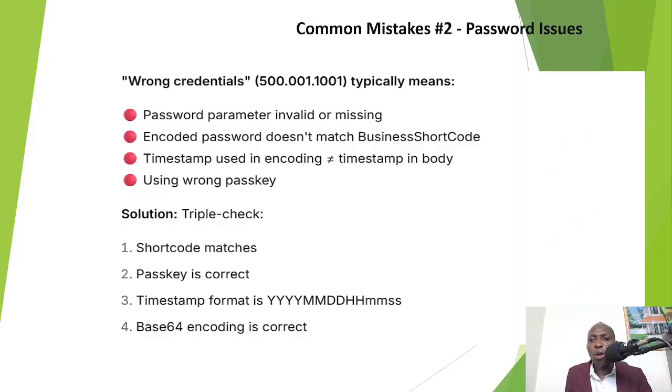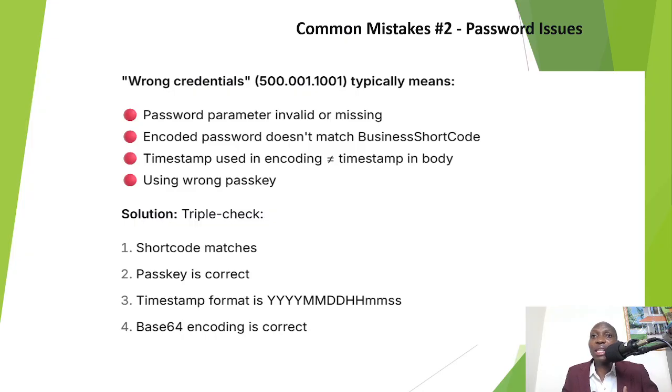Let us go to common mistake 2, password issues. Wrong credentials. Before you call for any support, if you encounter error 500.001.11100, this typically means that the password parameter is invalid or missing.